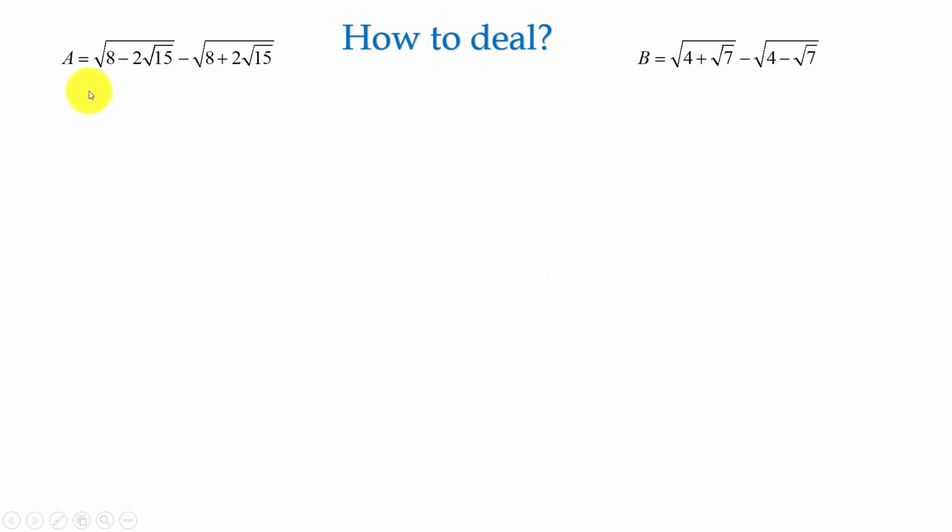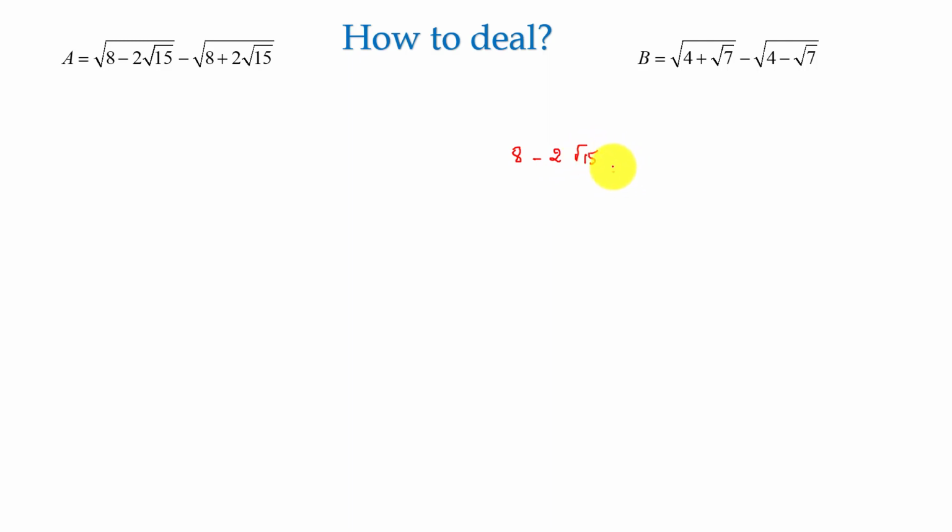Okay, so now I will show you expression A. We have 8 minus 2 square root 15.